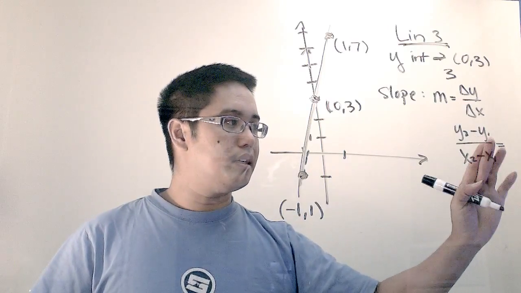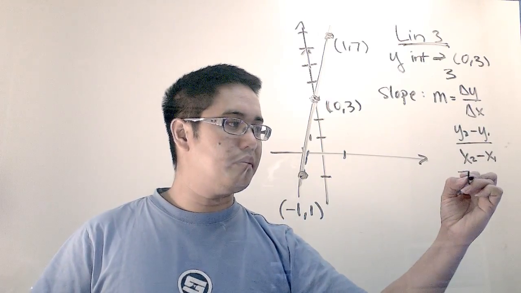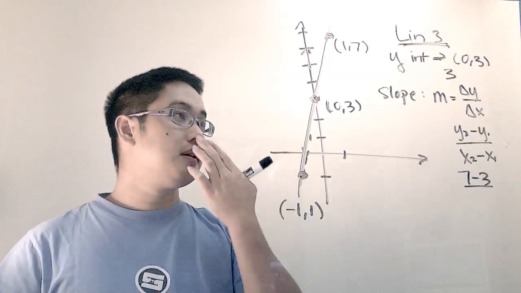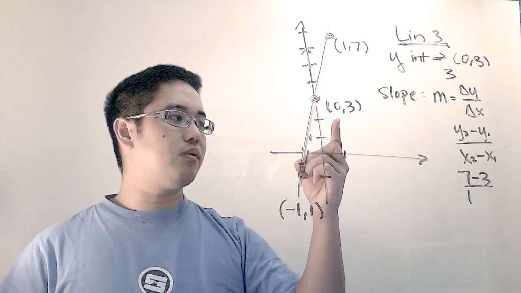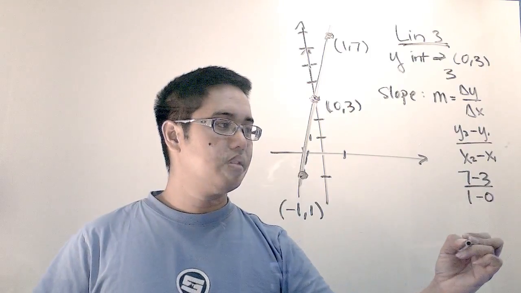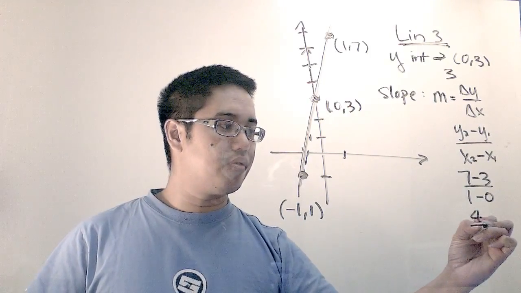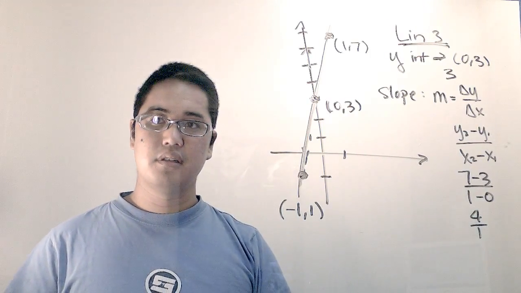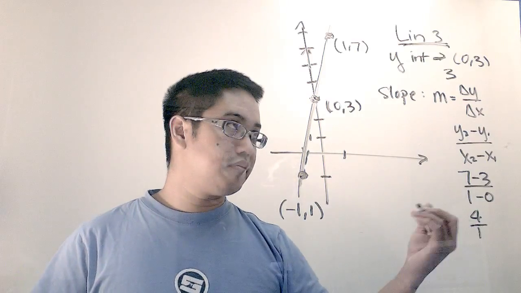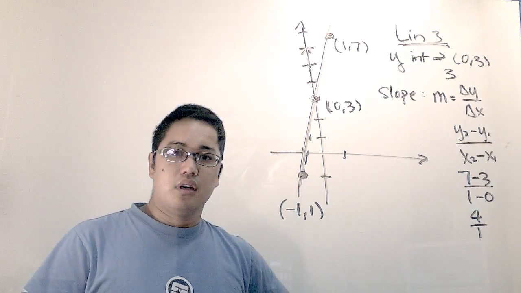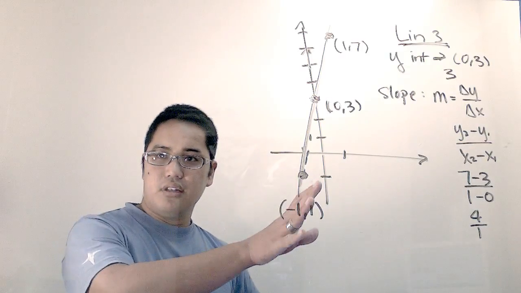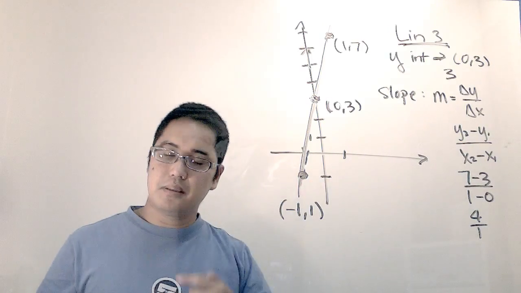So that's 7 minus 3, divided by, for x2, we're going to use 1, and for x1, we're going to use 0. So that's 4 over 1. The slope is 4 over 1. All right, what's your thoughts? Is that all right? Did you guys hang with that?